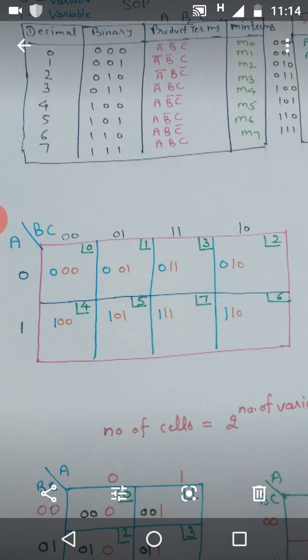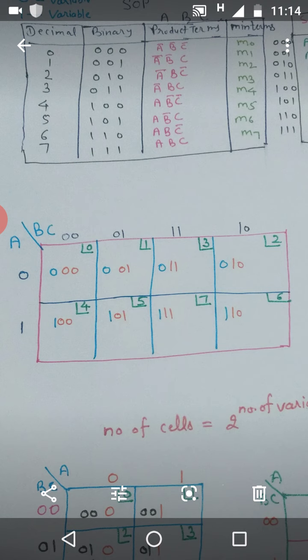Students, you have to concentrate on this table because in this table we have a 2-dimensional structure. At the row side we have the MSB, that is the most significant bit A. At the column side we have the other bits BC. So A can have 0 or 1, and B and C can have 4 combinations: 00, 01, 10 and 11.